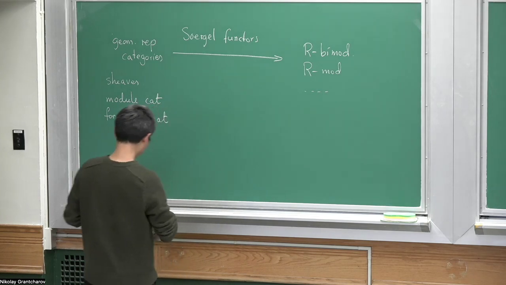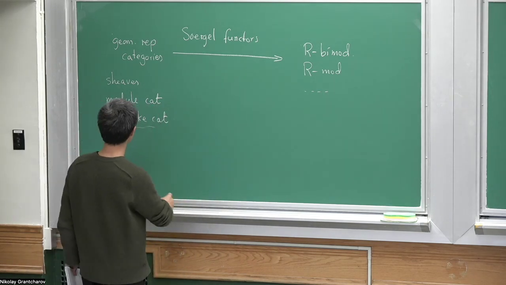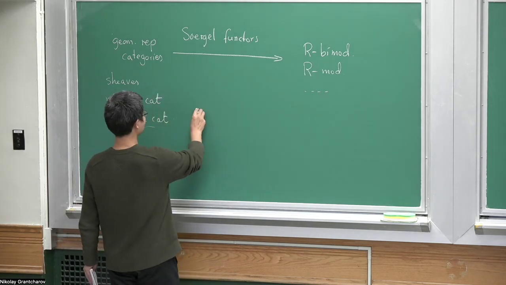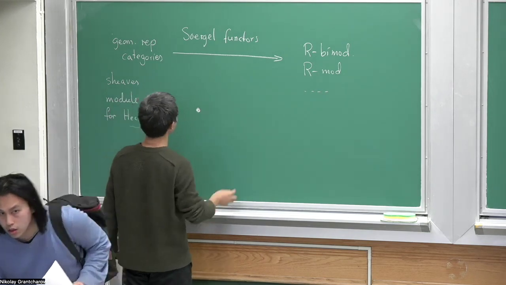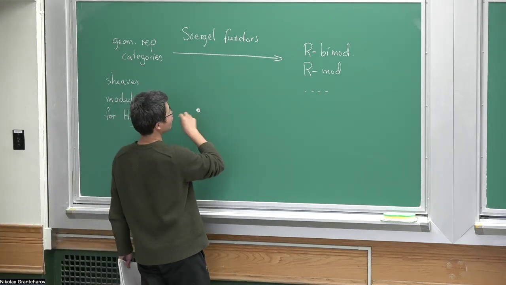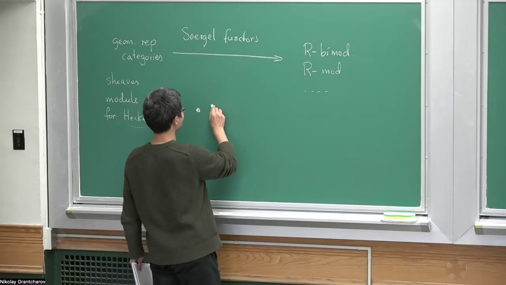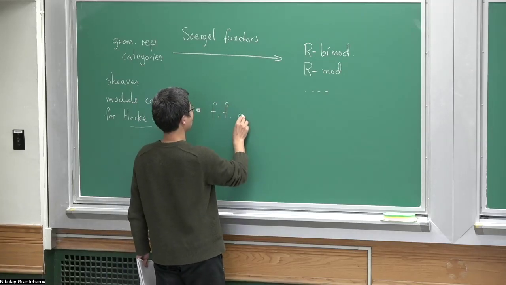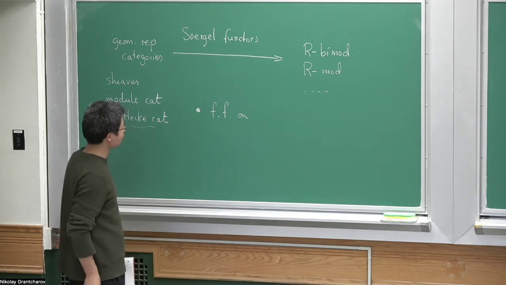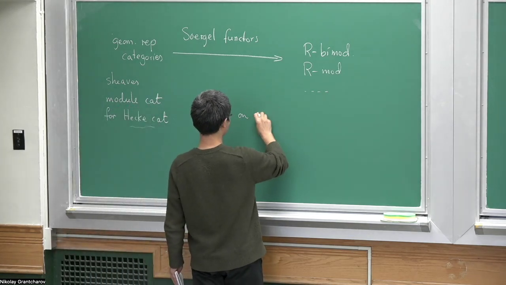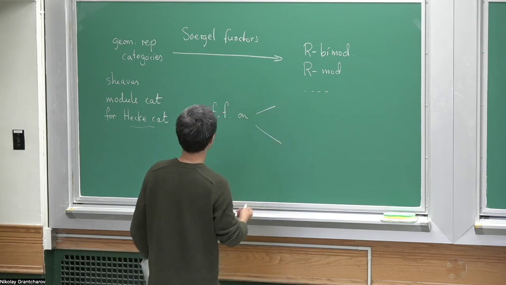And the key property of these sorts of functors is that it is fully faithful on a certain class of objects. So there are two flavors of Soergel functors.